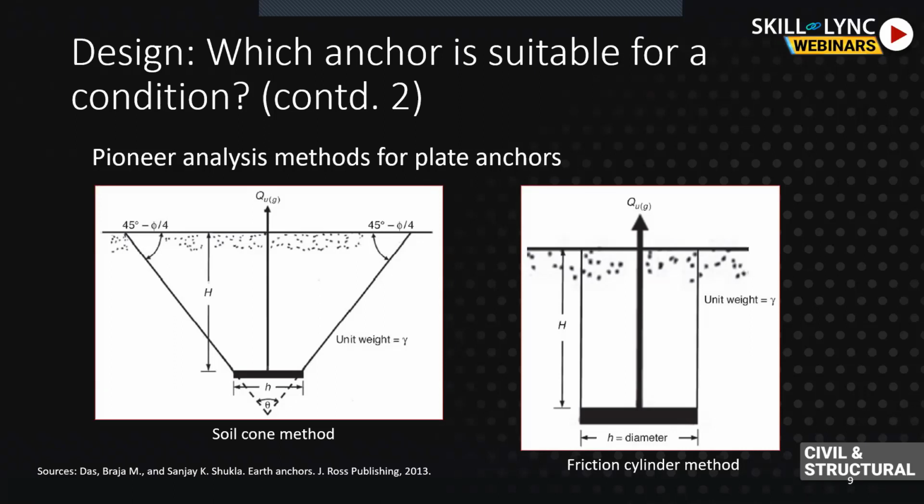I just want you to know the basics of how this analysis started. There is soil which is resisting the pull out of an anchor, and there is the own capacity of the anchor which is resisting its own breakage. That's how the anchor design was pioneered.